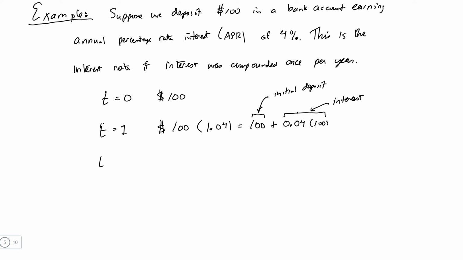Now if I go to t equals 2, I get interest on all of that again. So I'd have everything that I had before, plus I get 4% on it. So I'd have 100 times 1.04 squared now, because I'm getting that interest on everything else as well.